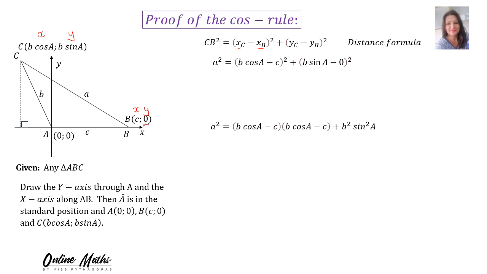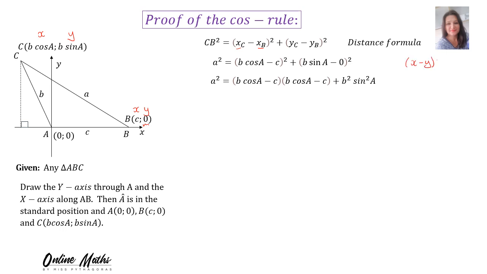Then in the next step, on the left hand side it's a squared equals, and then you find (b cos A minus c), and you write that one in expanded form as two brackets. The algebra that corresponds with that is (x minus y) squared, and when you multiply it out, you end with x squared minus 2xy plus y squared.